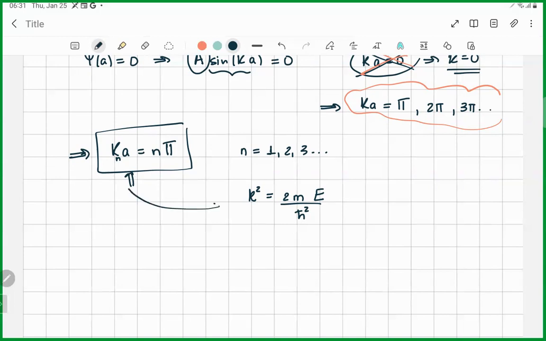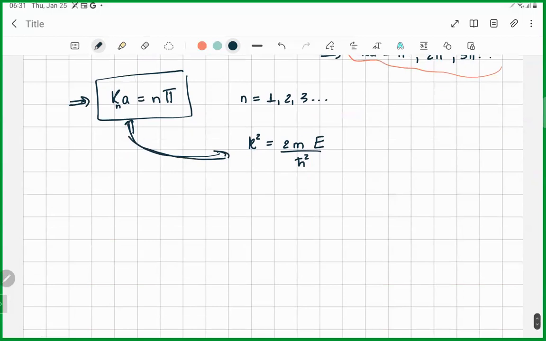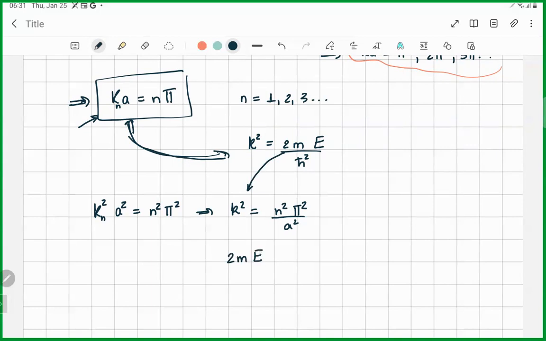So let's combine the things because this will finally give us the energy, right? So let me square this equation. I have k squared a squared equal to n squared pi squared. Okay, so I'm going to write this now as n squared pi squared divided by a squared. And I'm going to put what k squared is. So now I have 2mE divided by h bar squared equals n squared pi squared over a squared.